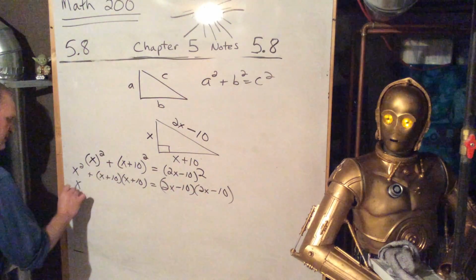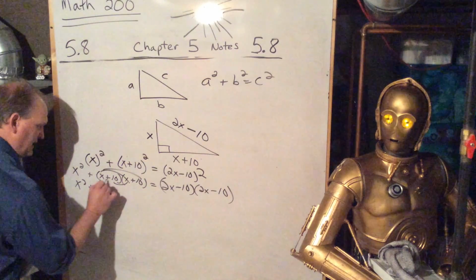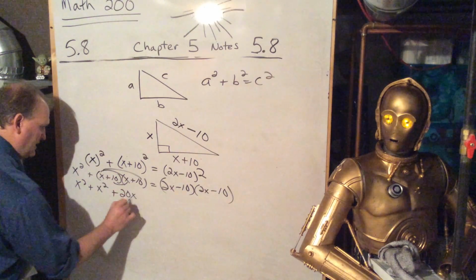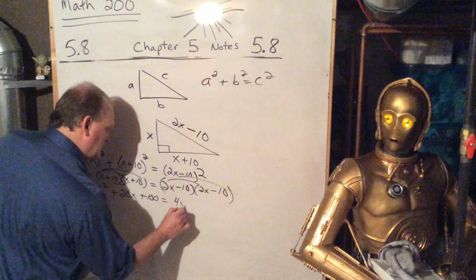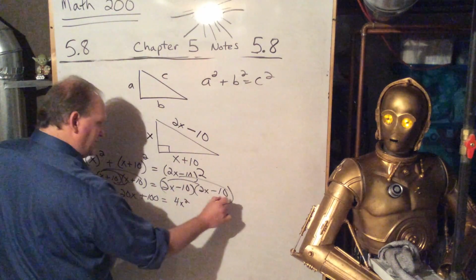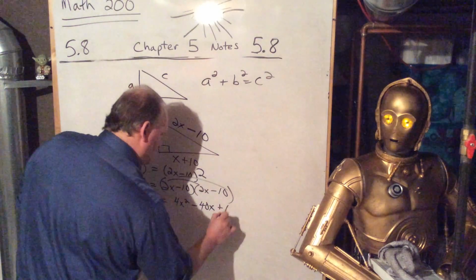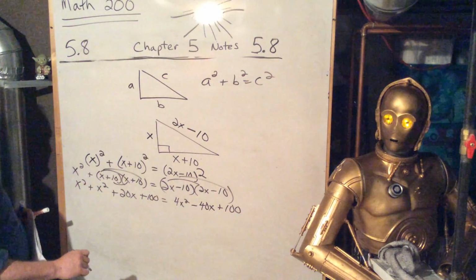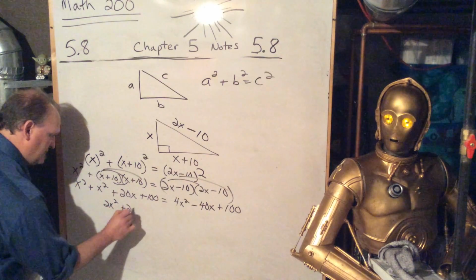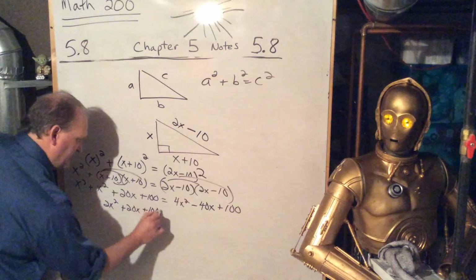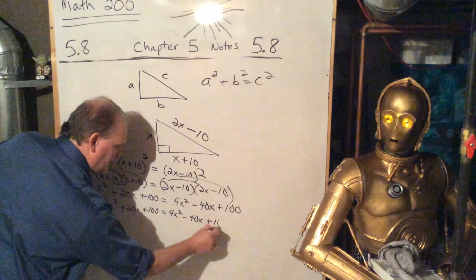So here, distributive property twice, we get x squared plus 10x plus 10x plus 100. Here we get 4x squared minus 20x minus 20x, which is minus 40x plus 100. Combine up like terms. 2x squared plus 20x plus 100 equals 4x squared minus 40x plus 100.